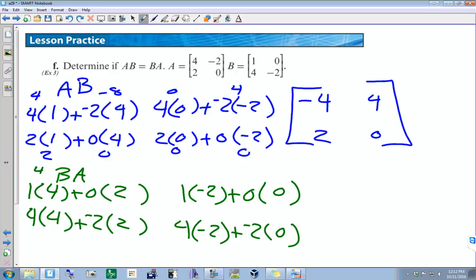So, 4, 0, I end up with 4. Now, would I actually have to go any further here to determine whether this is going to work? No, but I'm going to. So I get 16 and negative 4, so that's going to be 12. That's going to be negative 2 and 0, so I get negative 2. And here I end up with negative 8 and 0, so that's negative 8.